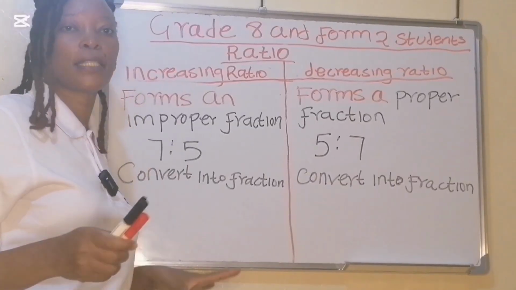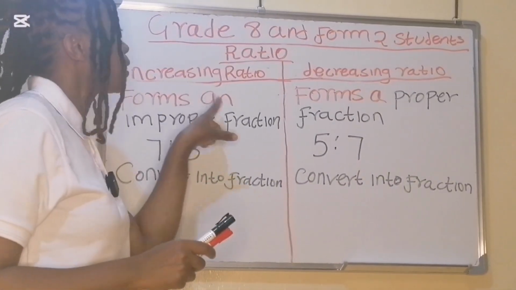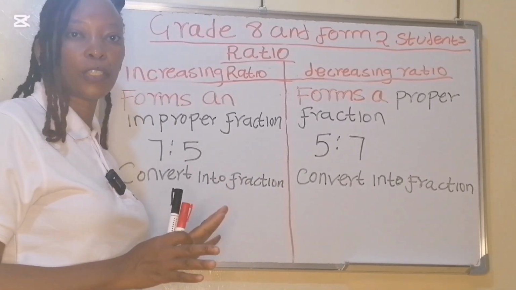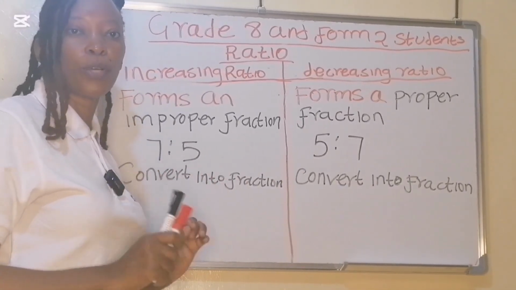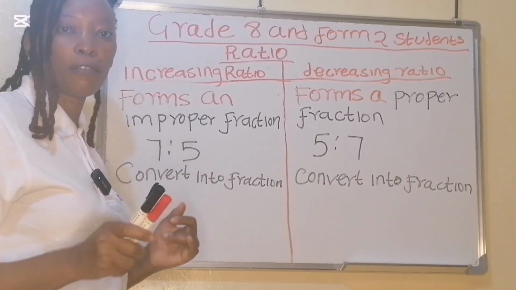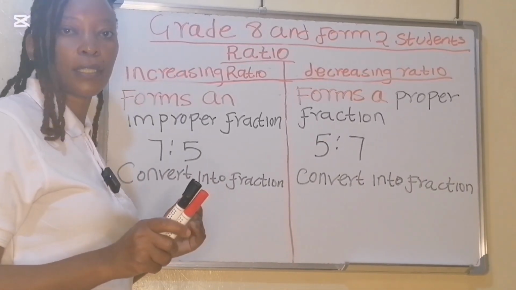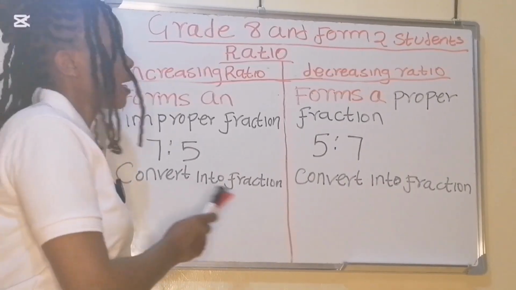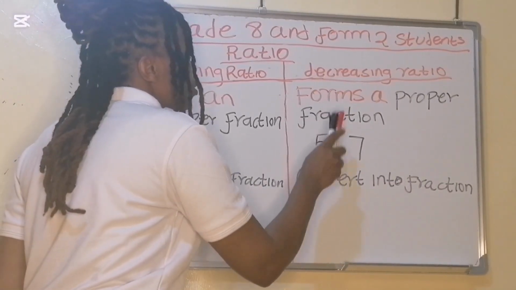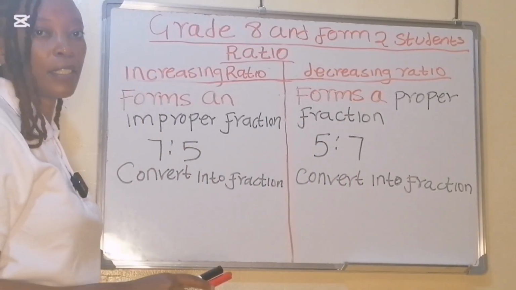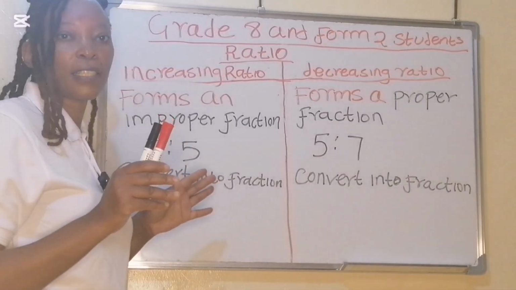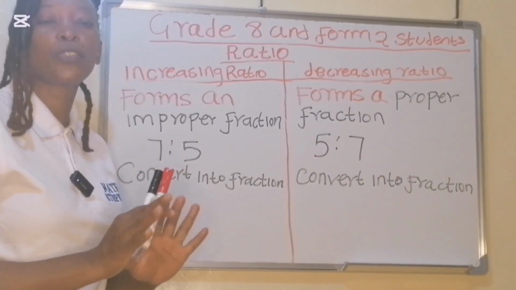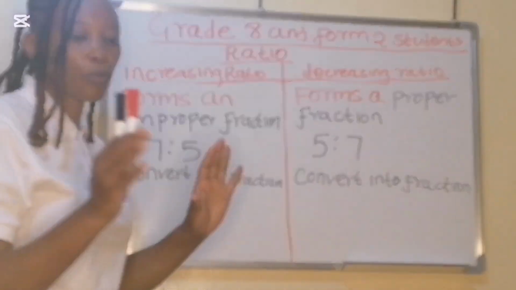You have been asked to identify an increasing ratio or a decreasing ratio. You have been given a ratio. The first thing you should do is to convert that ratio into a fraction. Here you have been given 7:5, and here you have been given 5:7. Any ratio you have been given, the first step is to convert the ratio into a fraction. Let us do that.